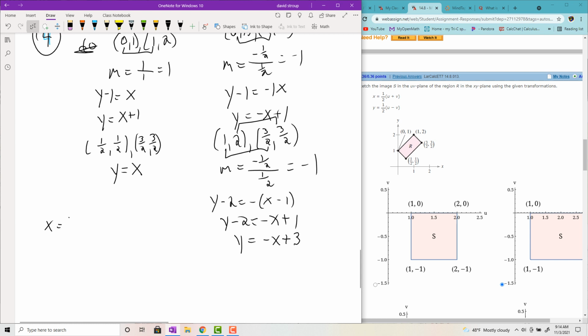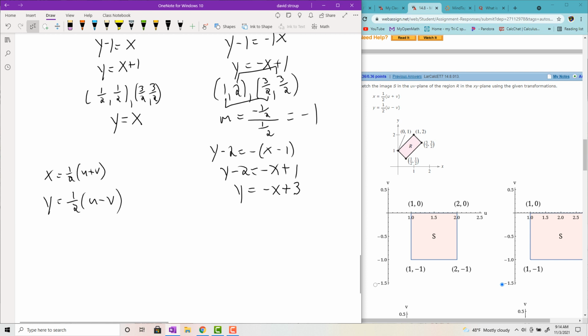So x is 1/2 times u plus v. Y is 1/2 times u minus v. So for our first equation, y equals x plus 1, you may want to just rewrite it as x minus y equals negative 1.